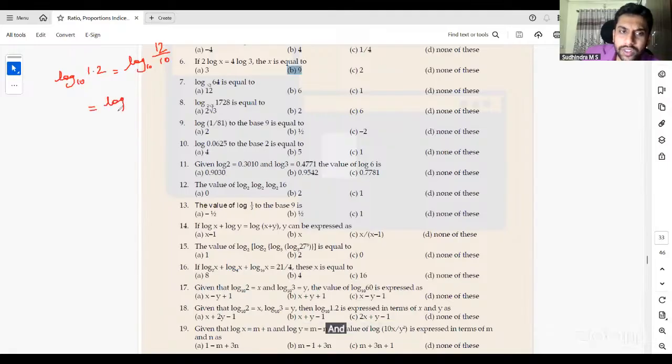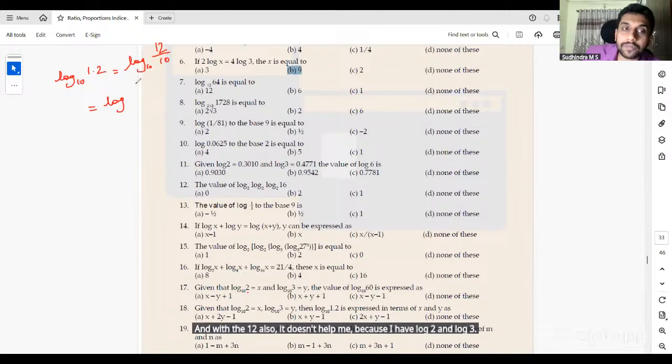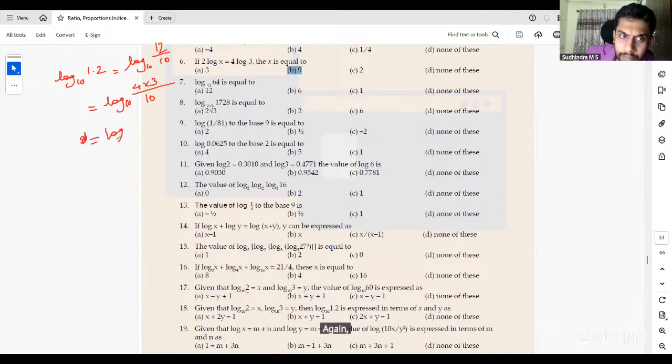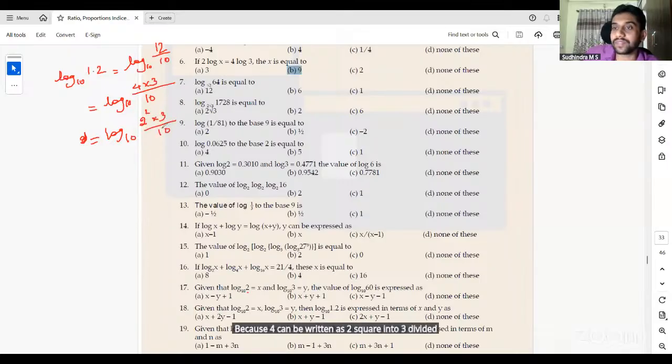With the 12 also, it doesn't help me because I have log 2 and log 3. 12 can be expressed as 4 times 3. Again, will this help me? Because 4 can be written as 2 square into 3, divided by 10.